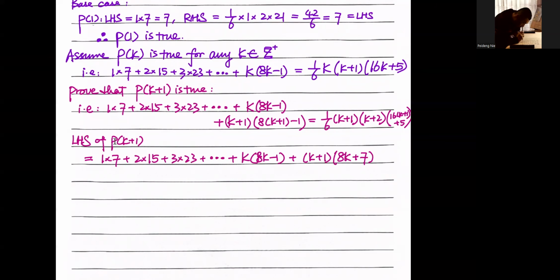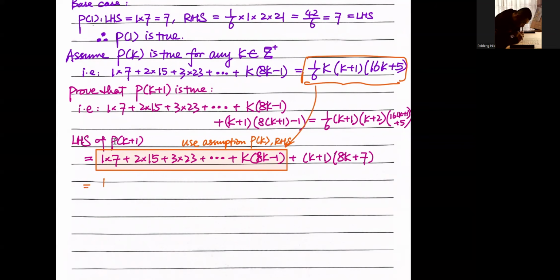And I'm going to make a big box here and explicitly mention use assumption Pk right-hand side. So I'm going to substitute this here. And that makes it k(k plus 1)(16k plus 5). Don't forget to add (k plus 1)(8k plus 7), something along this line, all right? Carry on the previous part.